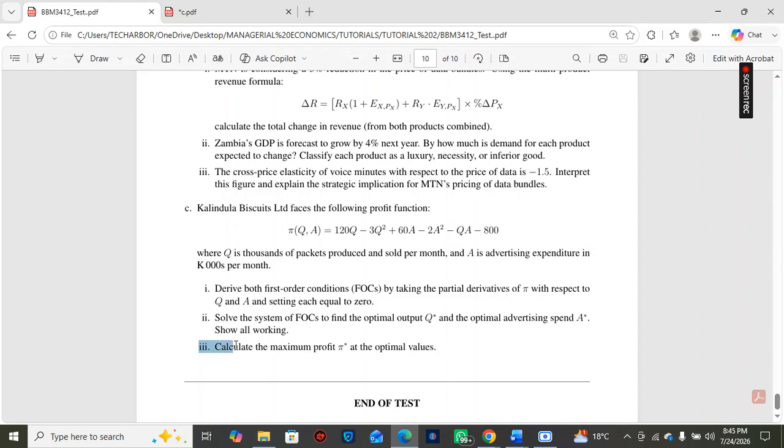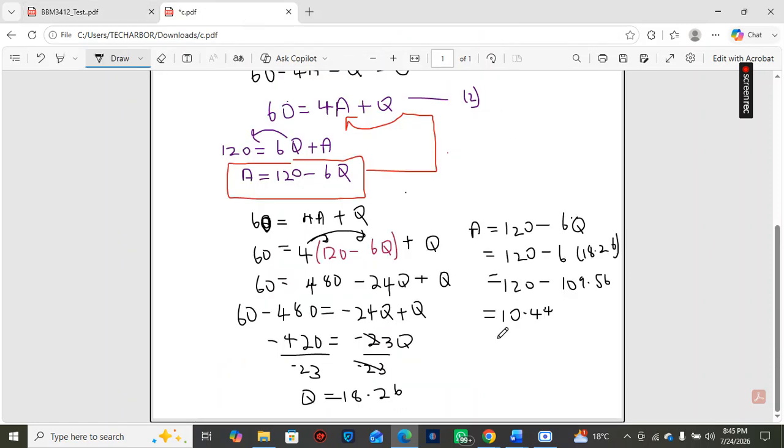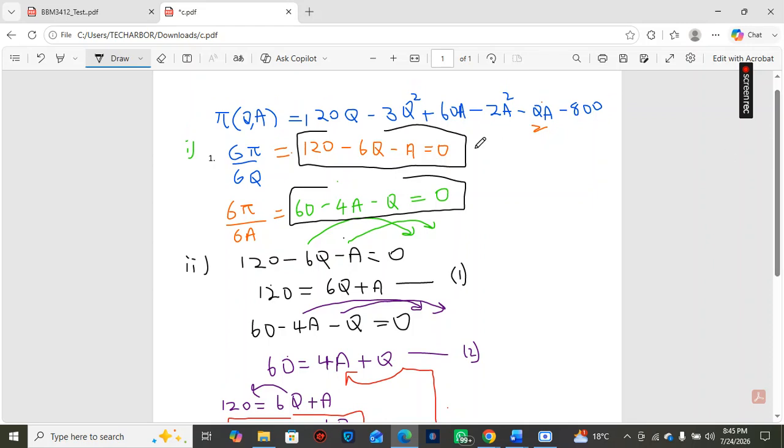Part 3. Calculate the maximum profit at the optimal values. So these values of Q and A, we're going to take them back to the profit function here. It's a big profit function. Yes.